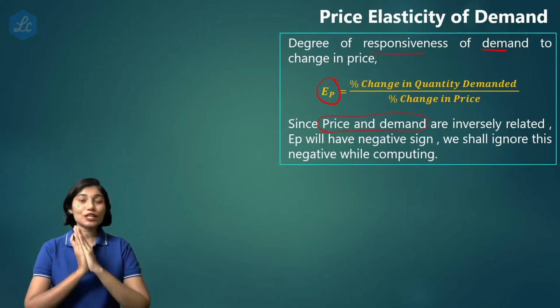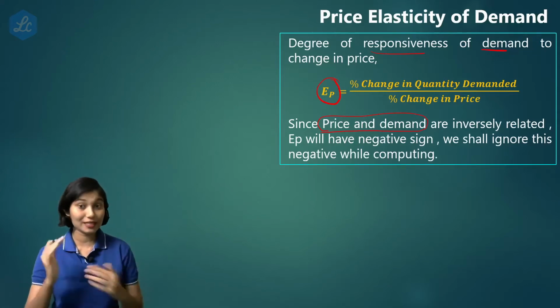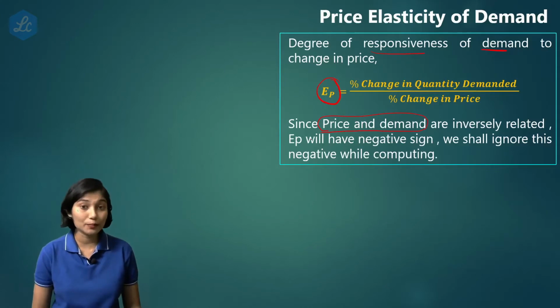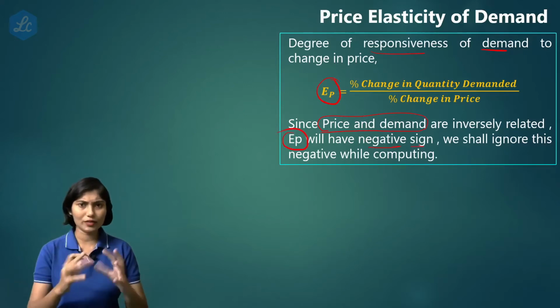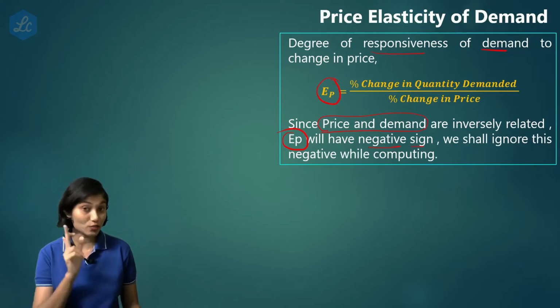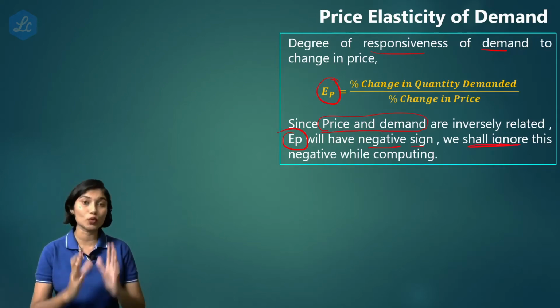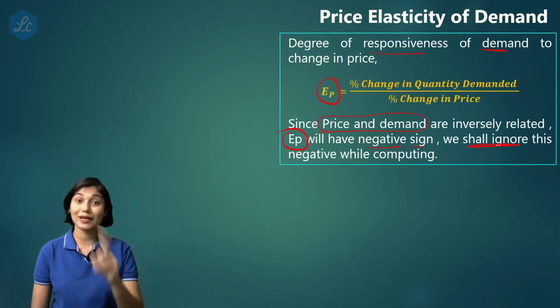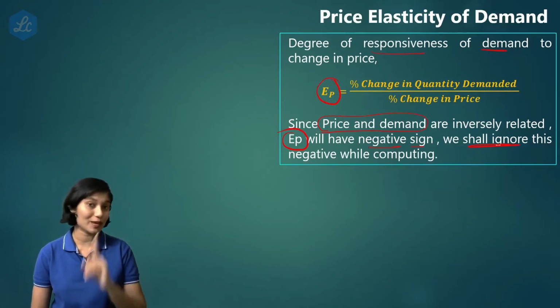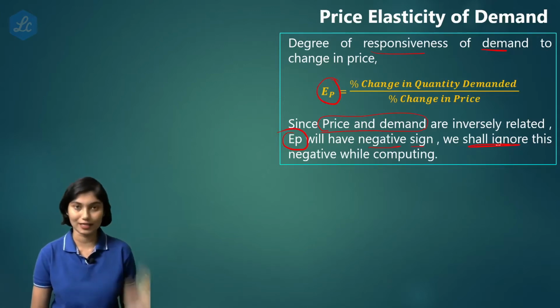That is why when we compute price elasticity, we will get a negative sign. We know already that no matter what we compute, we are going to get a negative sign, which is why when we compute price elasticity, we have to ignore this negative sign. But only for price elasticity, not for income elasticity or any other elasticity, only for price elasticity because it is inversely related.